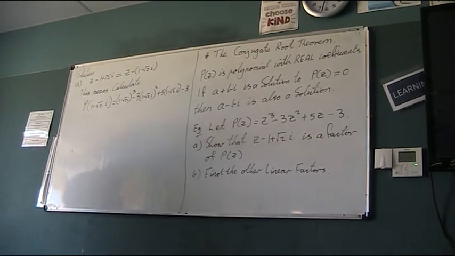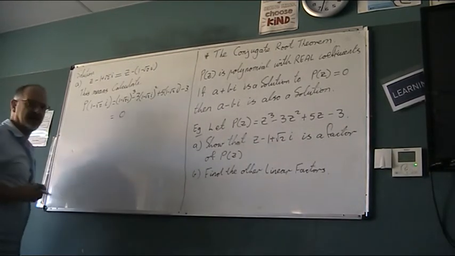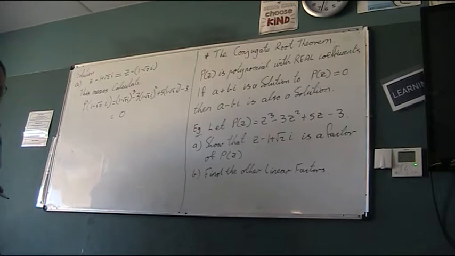Now, I really don't think that you're going to be doing anything like that by hand, because of the amount of time that it would take. So use your calculator, and when you do use your calculator, you find that it's 0.